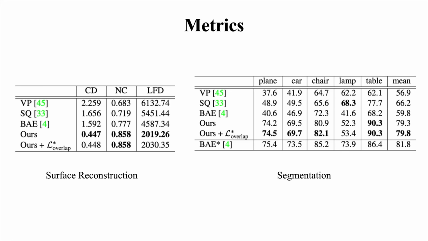To measure the performance, they use several metrics, including chamfer distance, normal consistency, and light field distance. Here are the reports of different methods' performance under various metrics. The best results are shown in bold. The authors show that their work outperforms other methods in most cases.